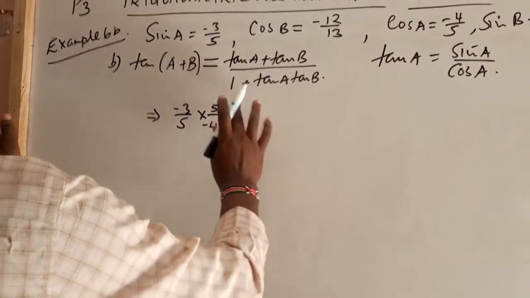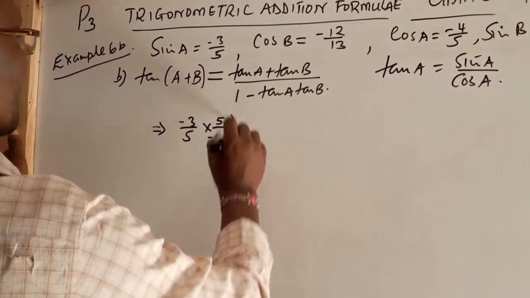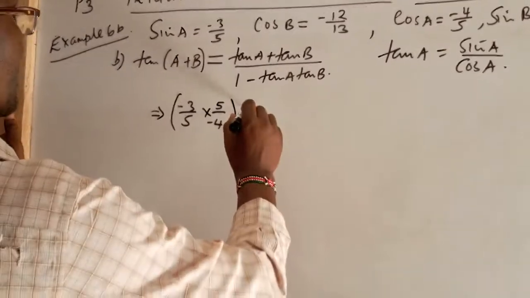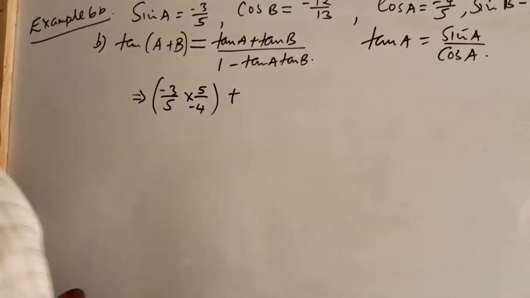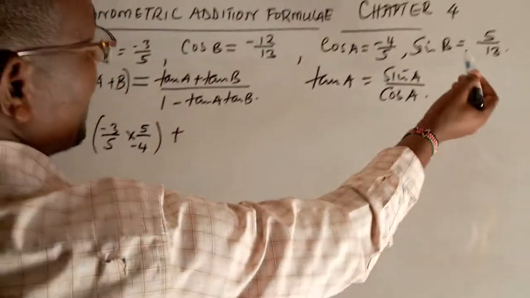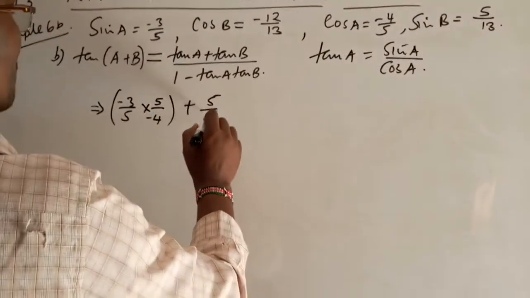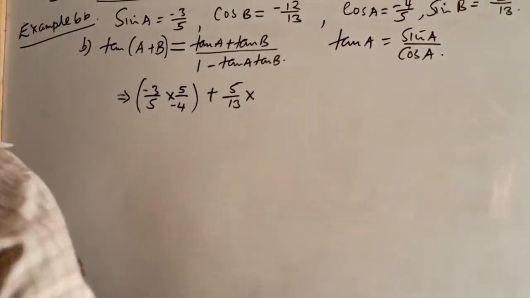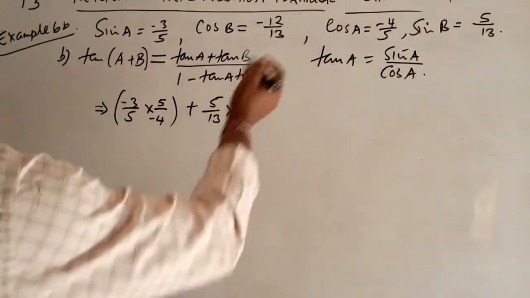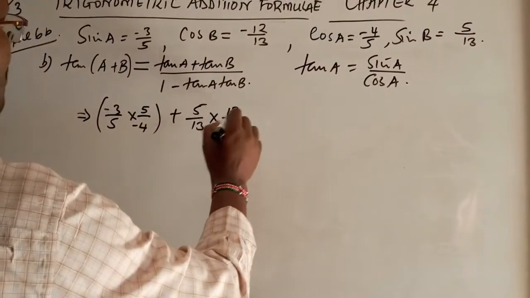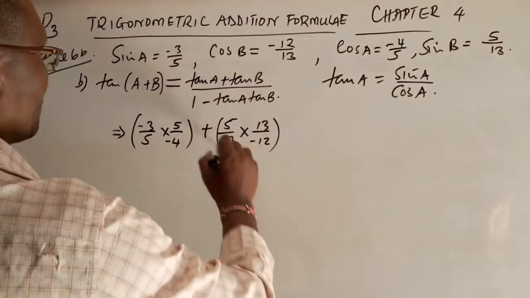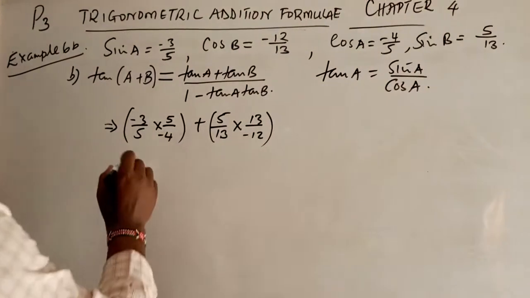Let us first of all get the tangent of B. Let's bracket up that, plus the tangent of B, which is the sine of B, 5 out of 13, times the reciprocal of the cosine of B, 13 out of minus 12. That is the numerator.